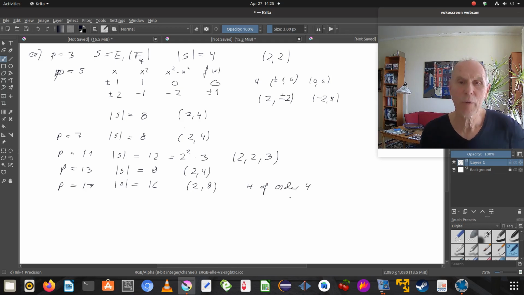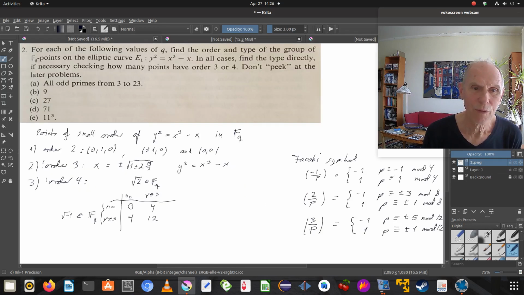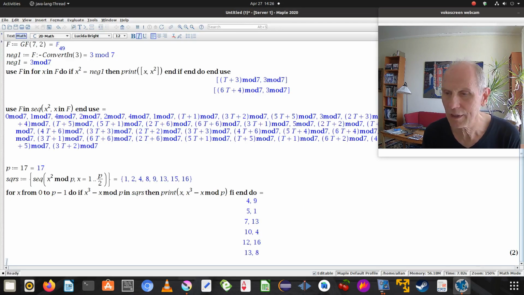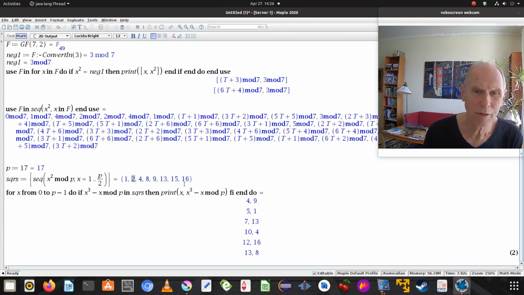I will verify that. We have to check whether 2 and minus 1 is a square. And we could see that in Mabel, 2 is a square and 16 is a square.